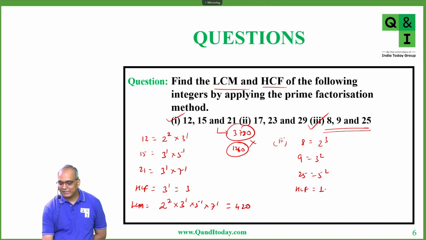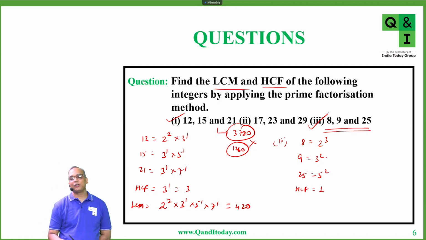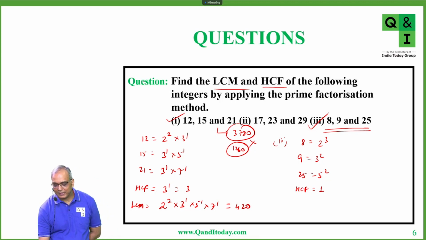Yes, very good. HCF is 1 because there is no factor in common. Okay. So the HCF will be 1 when there is no factor common.